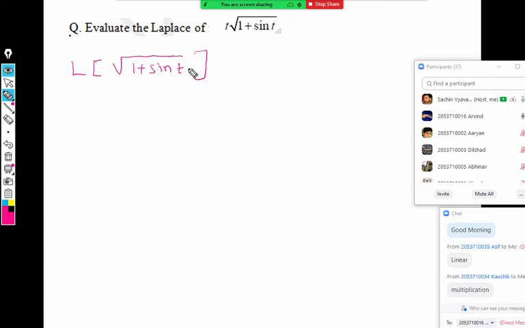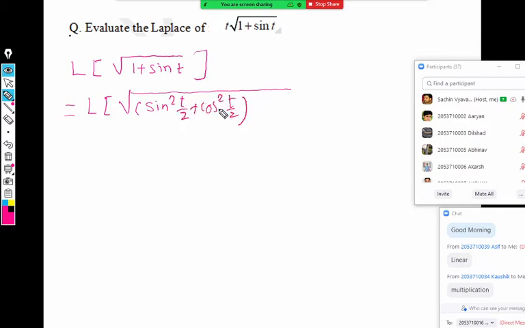Use sine square t by 2 plus cos square t by 2, plus 2 sin t by 2 cos t by 2. This is the trigonometric identity you learned in 12th, a standard simplification of the square root of 1 plus sin t. You observe this 1 can be written as sine square t by 2 plus cos square t by 2, and sin t can be written as 2 times sin t by 2 into cos t by 2, because of sin 2 theta.